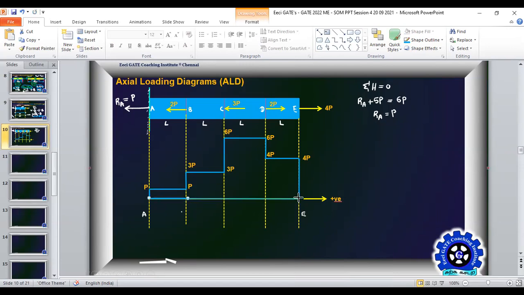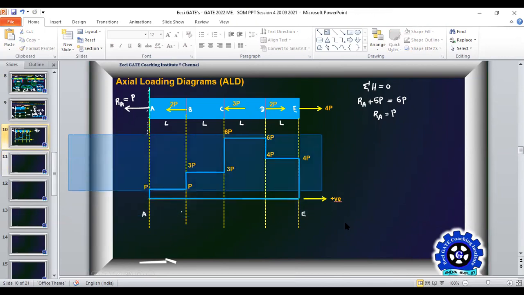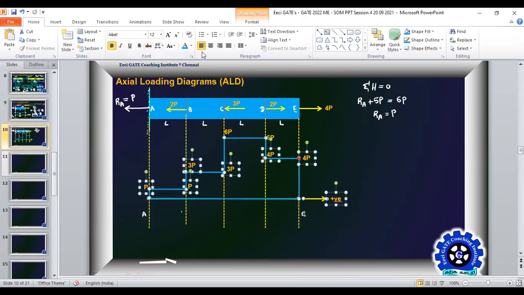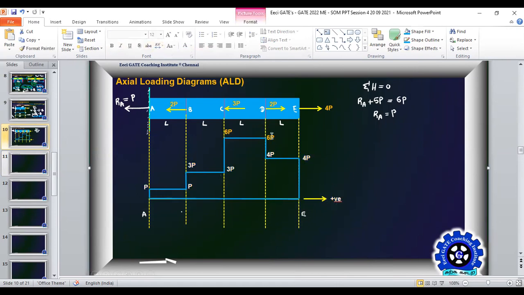Okay. Is it okay? Okay, sir. Understood or not? Yes, sir. The diagram is perfect.